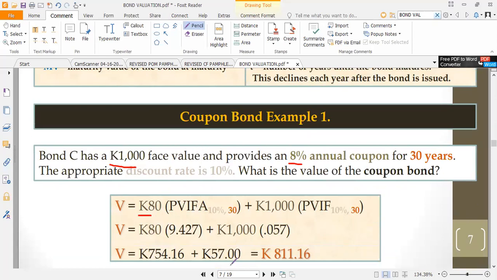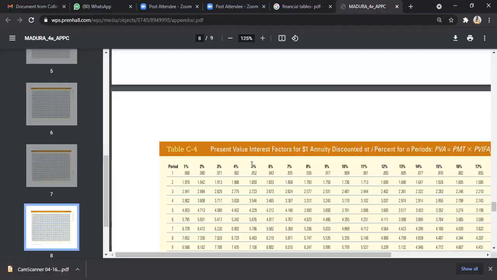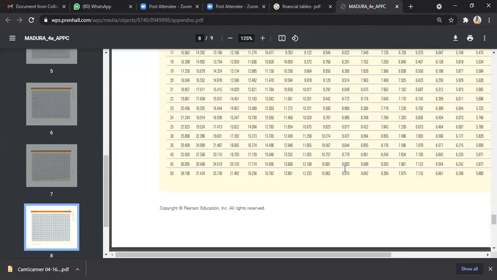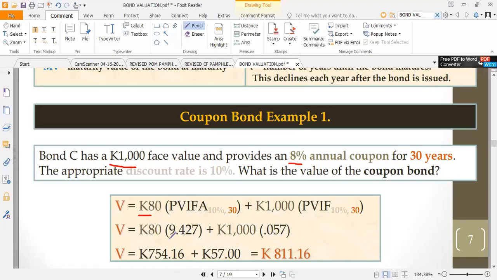So when you go to your table, 10% is here, then you go under 30. 30 is somewhere here, 9.427. So this is where the 9.427 is coming from.